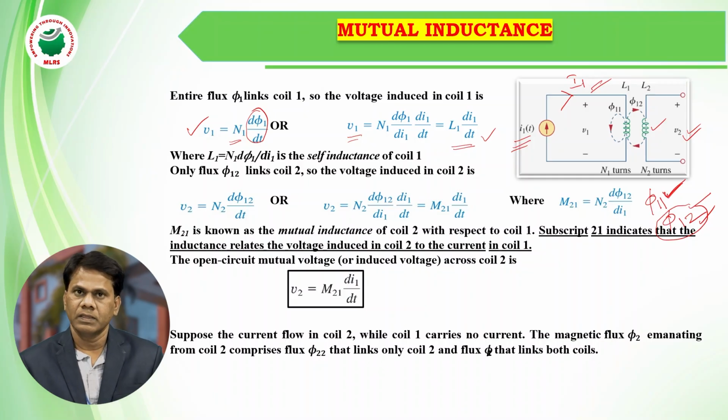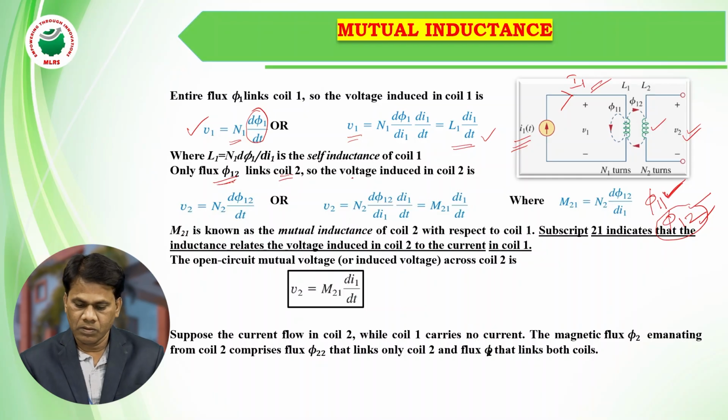It is self-inductance because the induced EMF is due to its own flux linking with the coil, from the same current. Similarly, phi 12 is the flux produced by the current I1 in coil 1 that links with coil 2.